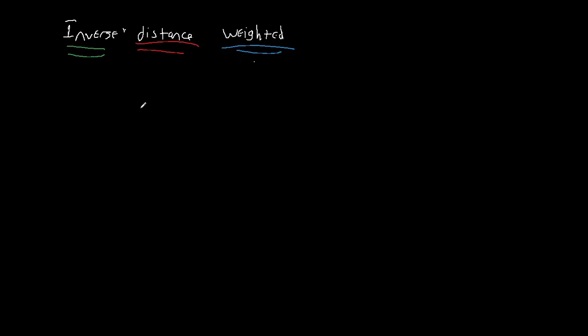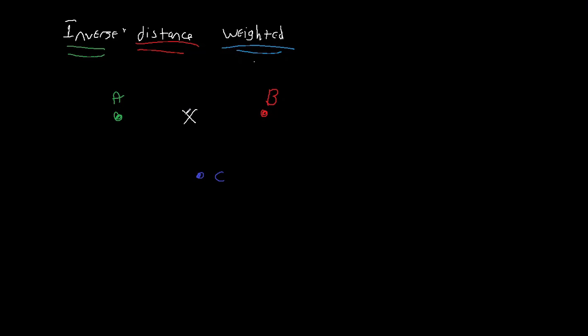So what I want to do is walk through sort of conceptually what this means. Let's say we have, again, our normal 3 points here, point A, point B, and point C. And we're trying to figure out, again, the value of this unknown point here. What inverse distance weighting is going to say is that all 3 of these points are going to contribute to our value.